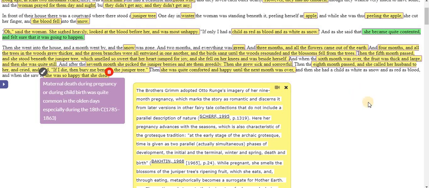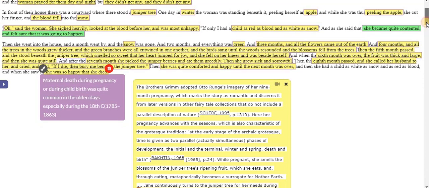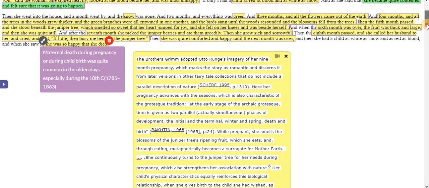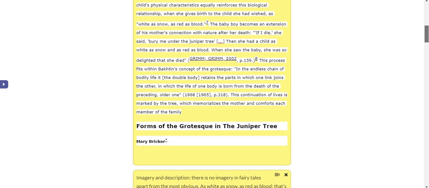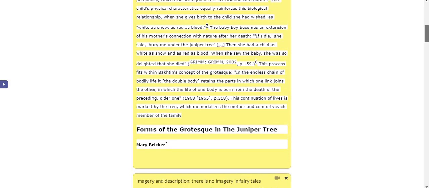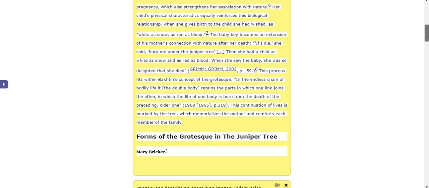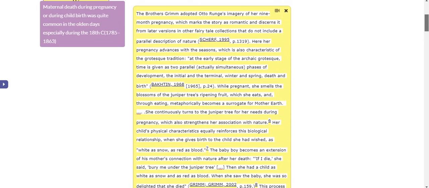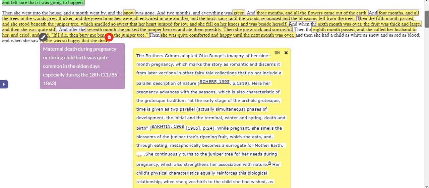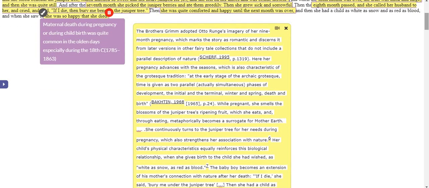Now let's take a look at the observations. I took this observation from a journal, from an article titled Forms of Grotesque in Juniper Tree by Mary Bigger. I will read that so that you'll get a rough idea on this passage.